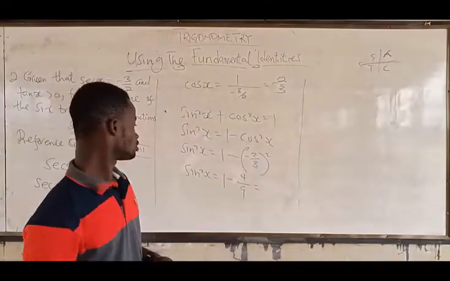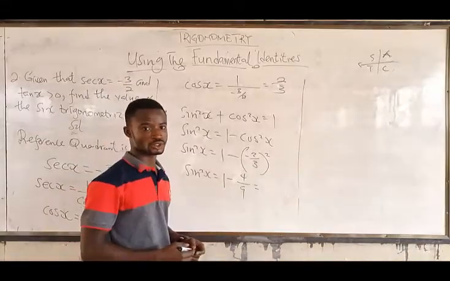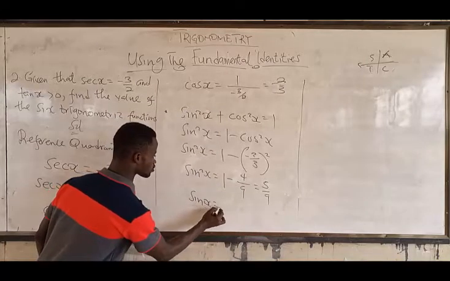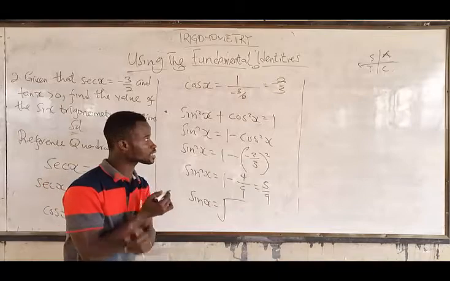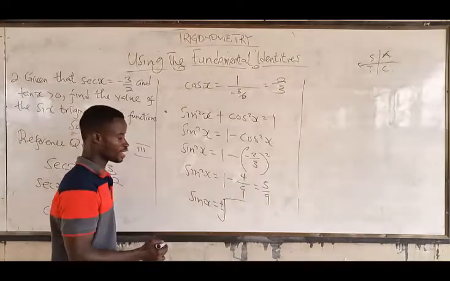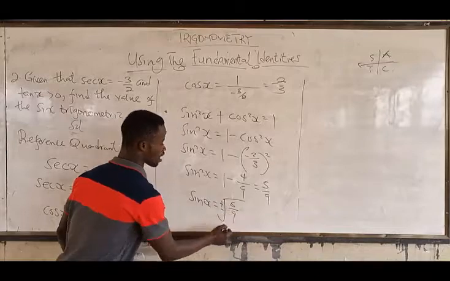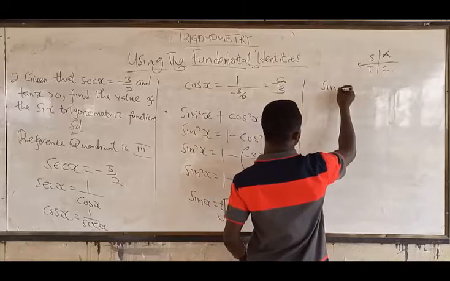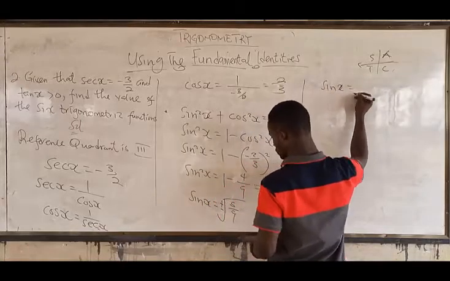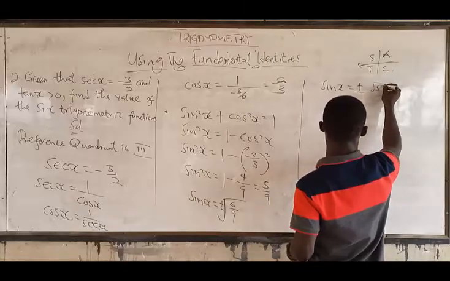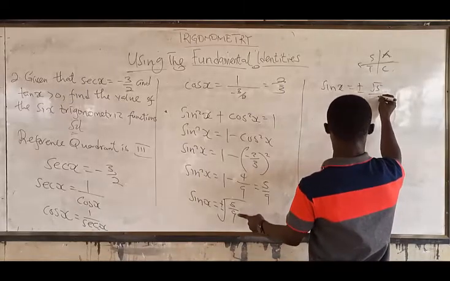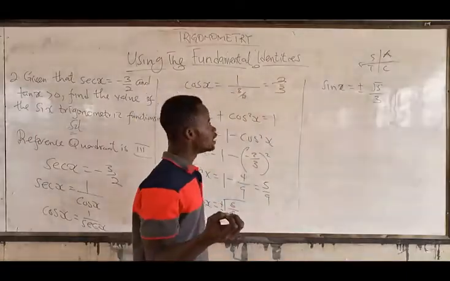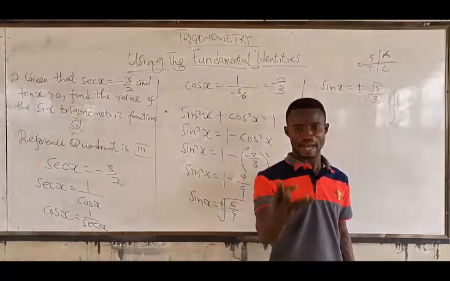That is going to give you 5 over 9. Therefore, sin x is going to be the square root, and whenever you take a square root, don't forget plus or minus, square root of 5 over 9. So sin x is going to be plus or minus square root of 5 over 3. Then the question pops up: is it going to be plus or minus?